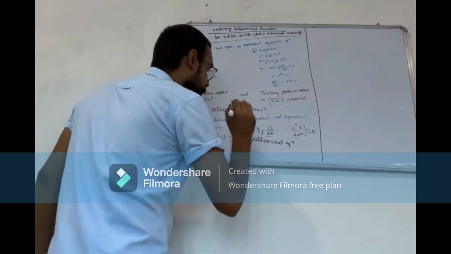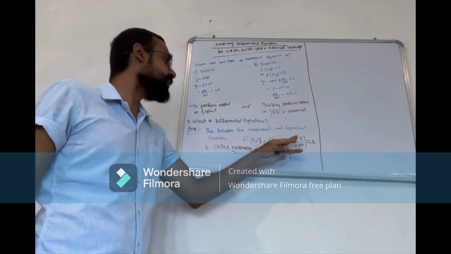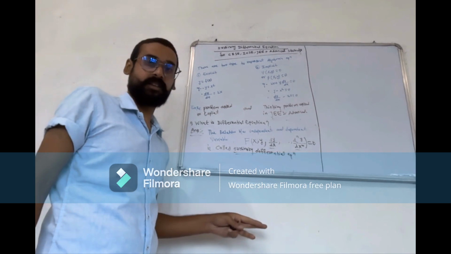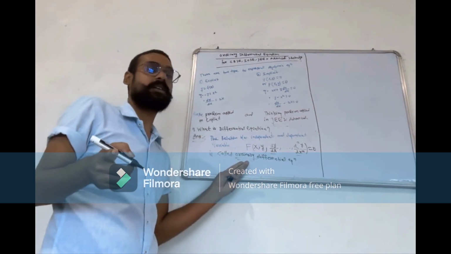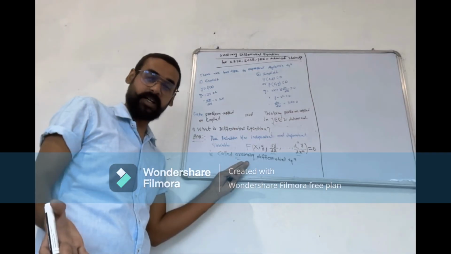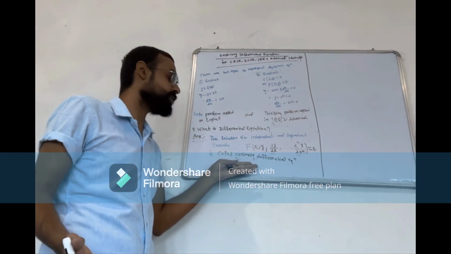Why ordinary? Because dy by dx of one dependent variable is an ordinary derivative. That is why we say it's an ordinary differential equation.